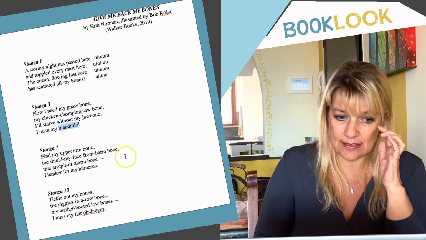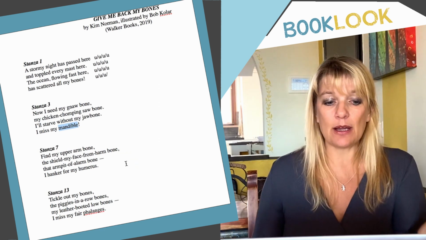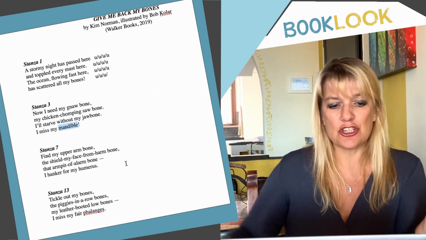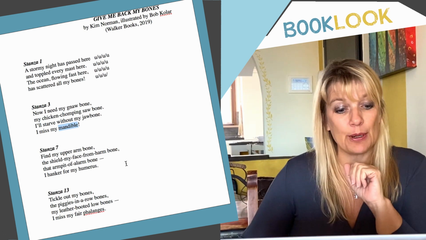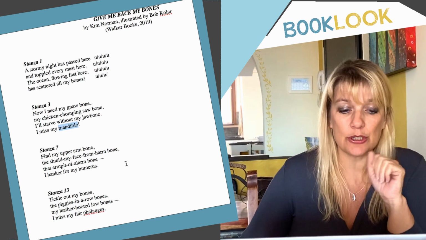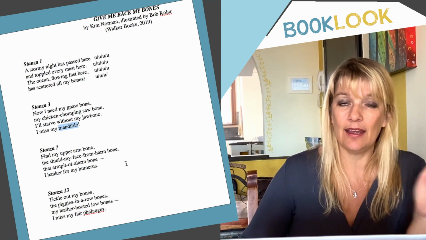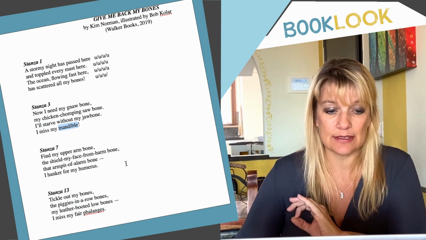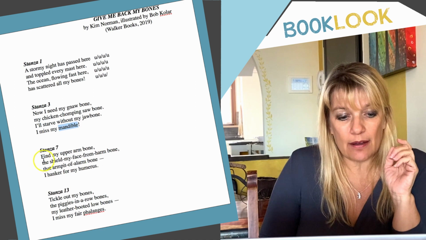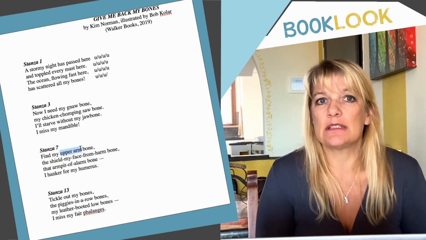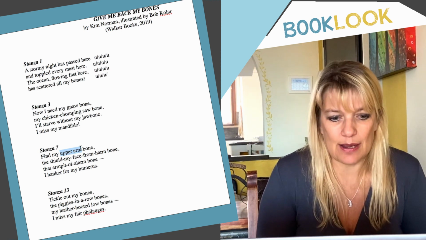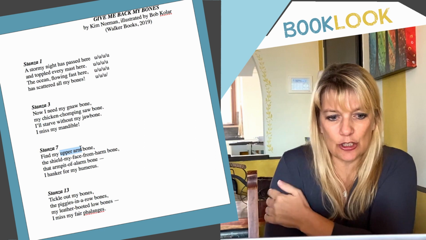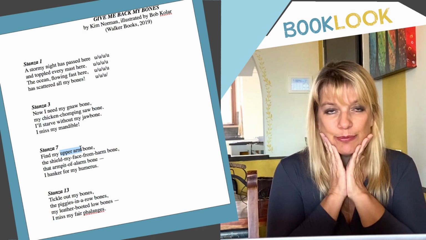Then let's try stanza 7. Find my upper arm bone, the shield my face from harm bone, that armpit of alarm bone. I hanker for my humerus. So we have here how clever and how much work it must have taken to come up with all these ways to describe the humerus, or the jawbone.